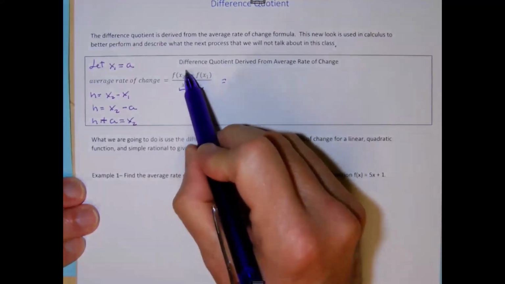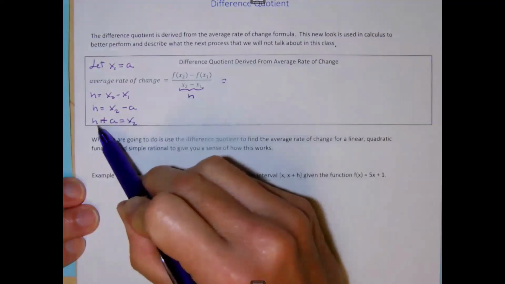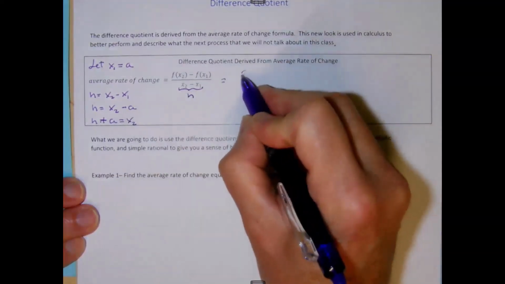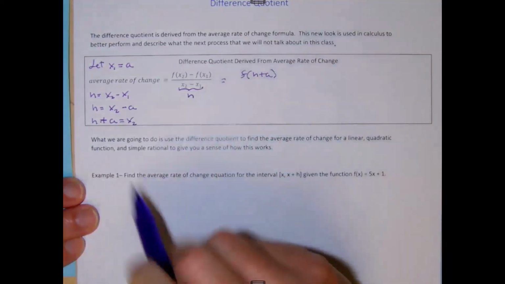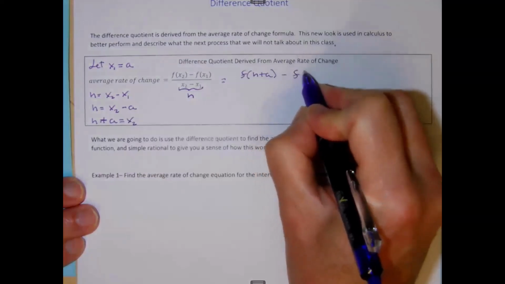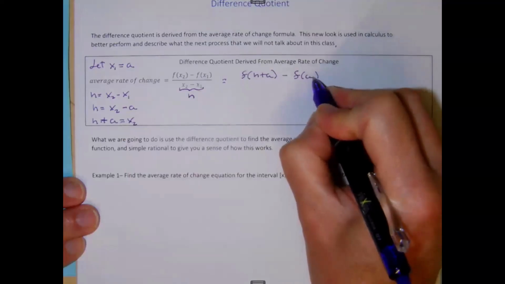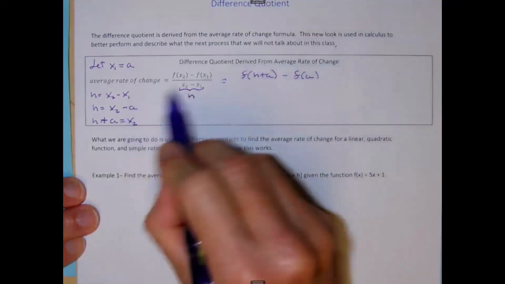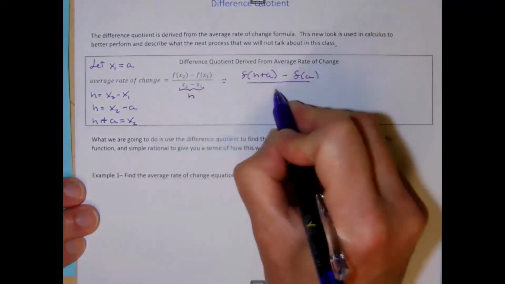So x2 is really now h plus A. If I continue replacing things, x1 is really A, and we established that the difference, x2 minus x1, is really H.